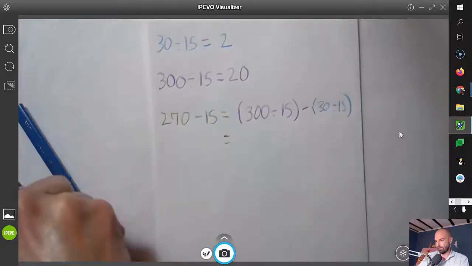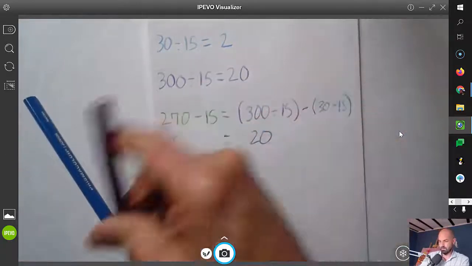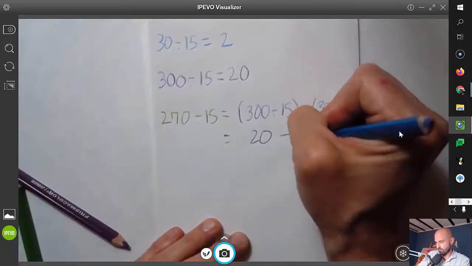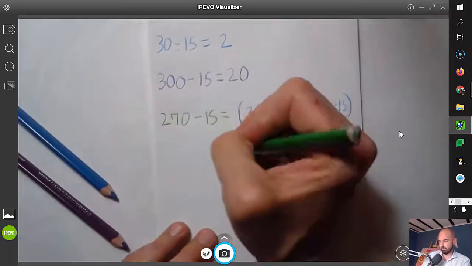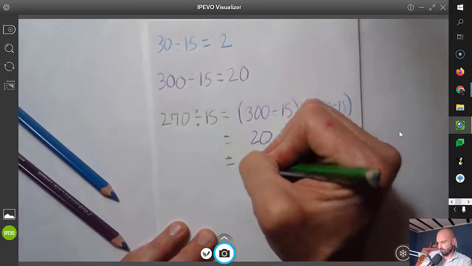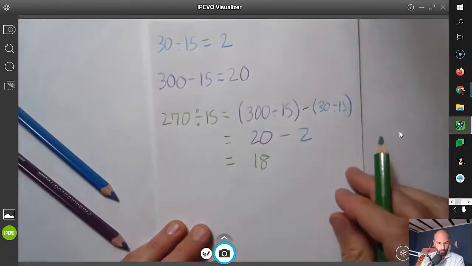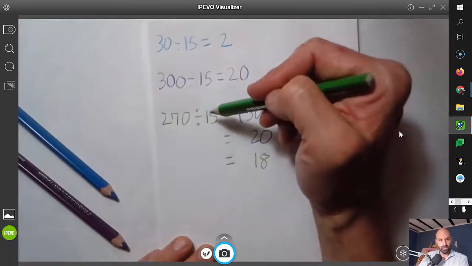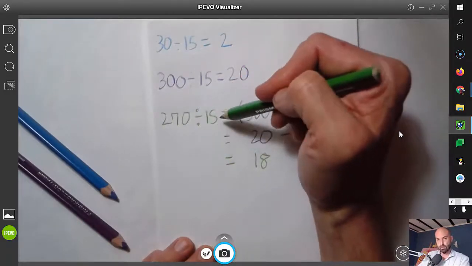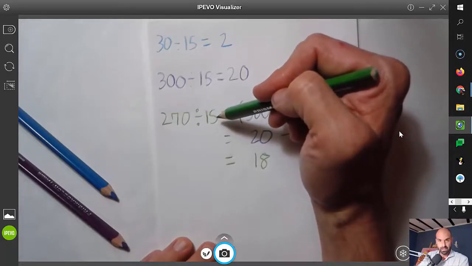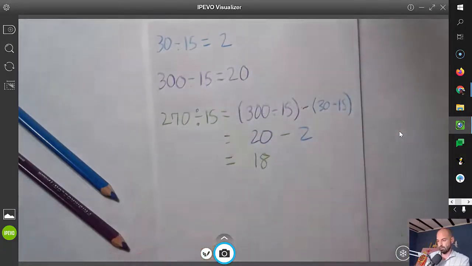Well, 300 divided by 15 is going to give us 20. 30 divided by 15 is going to give us 2. So that means 270 divided by 15 is going to give us 18. Why? Because we're breaking down the number 270, thinking about our divisor, what are some quotients I can get that are simpler for me to calculate, and playing around with those numbers.